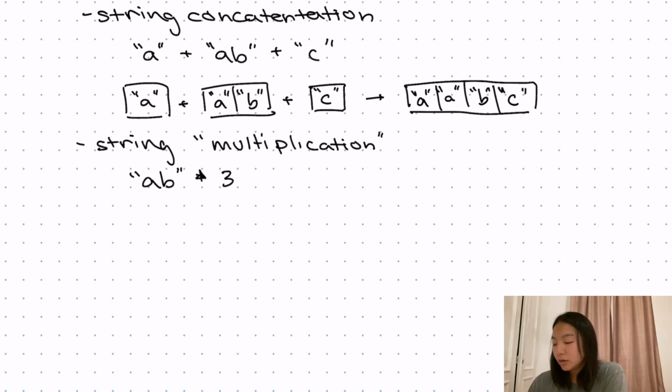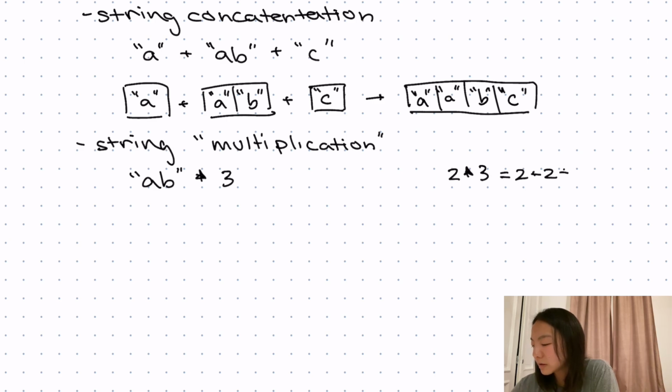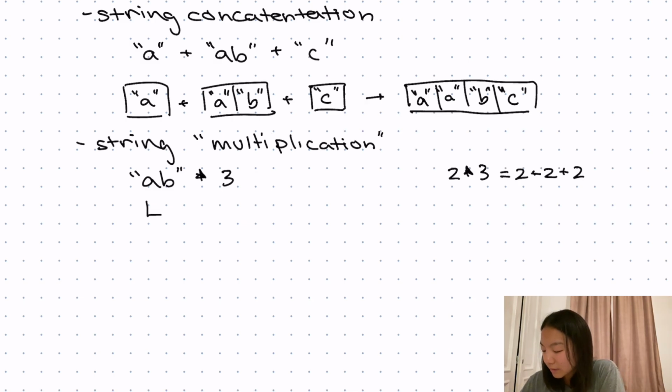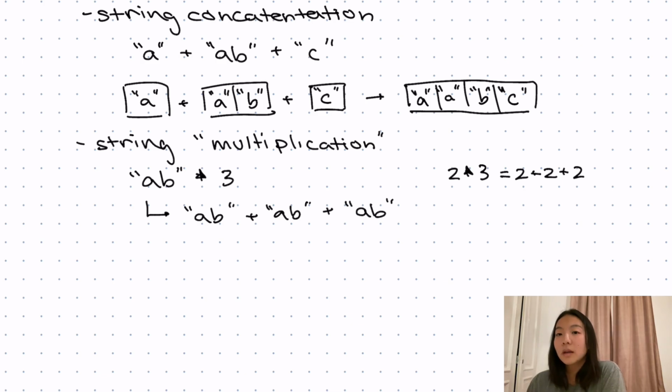And just like how in math, when we have 2 times 3, what this actually is is 2 plus 2 plus 2, right? It's 2, 3 times. This is going to be AB 3 times. So in fact, what this gives us is AB plus AB plus AB. And that gives us AB, AB, AB.